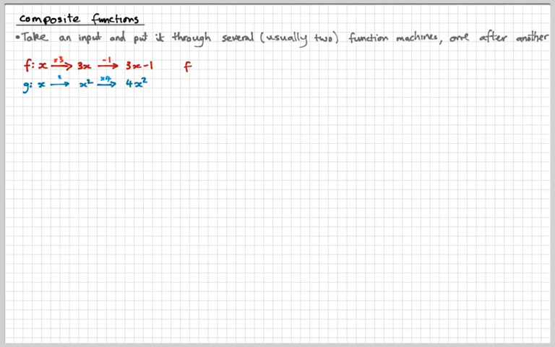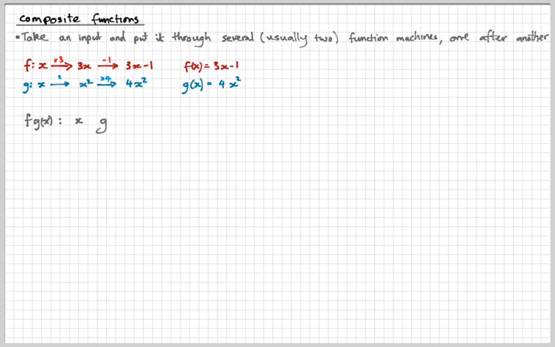Using the other notation, we can say f of x equals 3x minus 1 and g of x equals x squared times 4. Now, a composite function, fg of x.